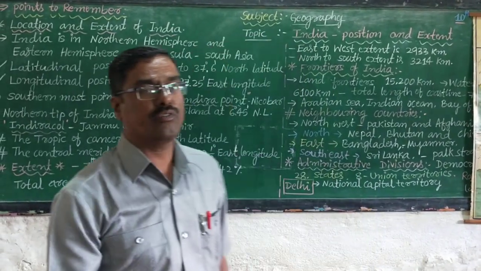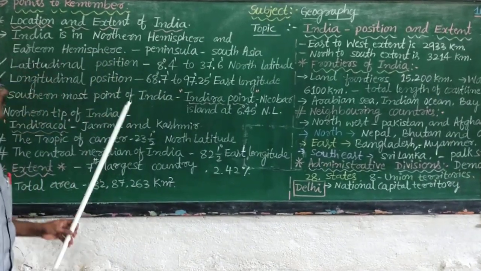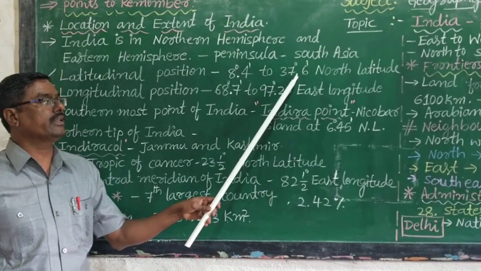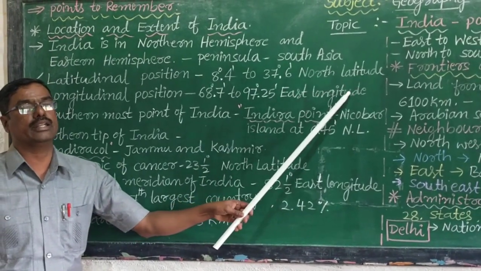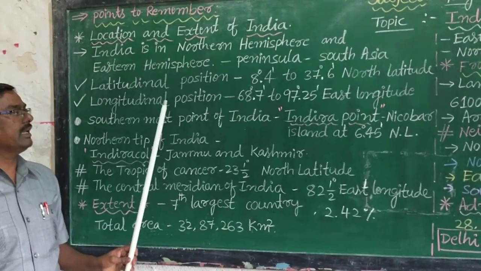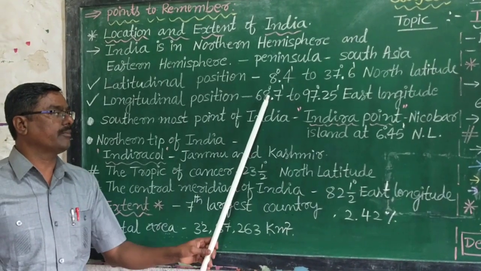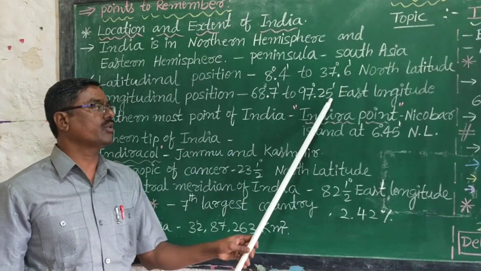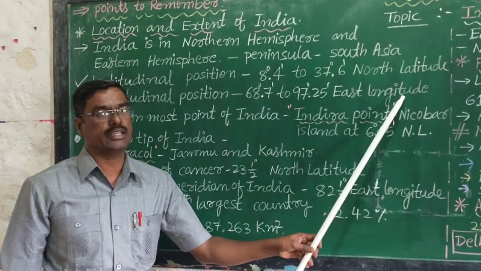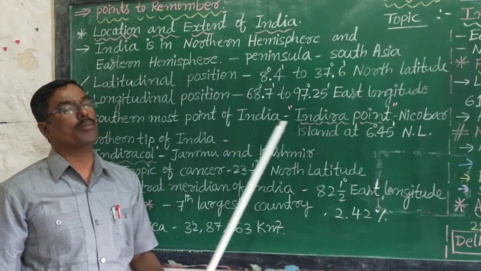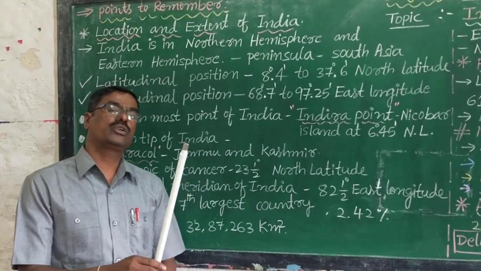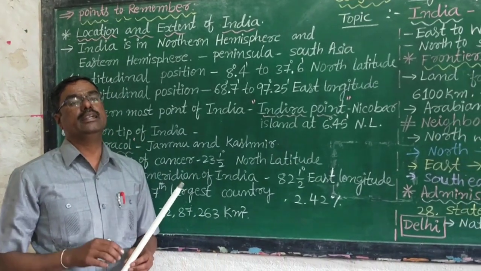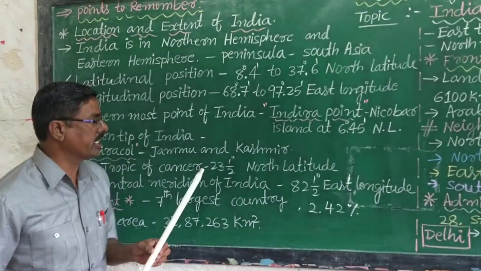The mainland of India extends from 8 degree 4 minutes to 37 degrees 6 minutes north latitude. Further, the mainland of India extends from 68 degrees 7 minutes to 97 degree 25 minutes east longitude. Andaman Nicobar Islands further extend southwards and add to India's latitudinal position.